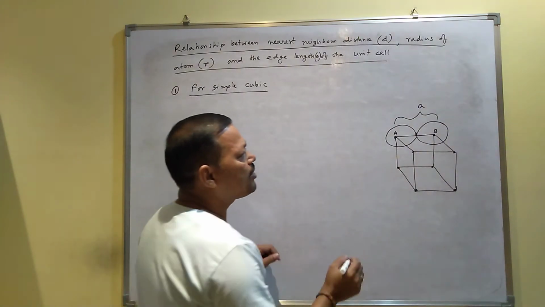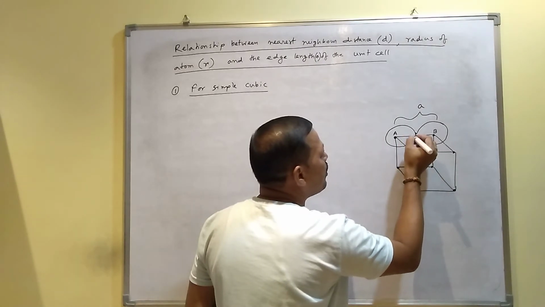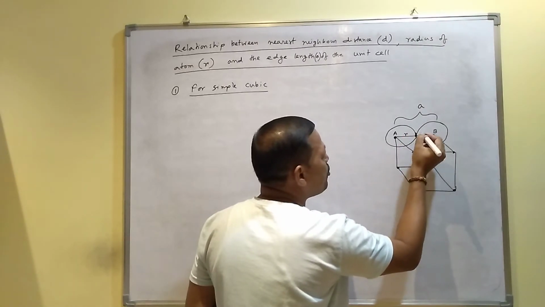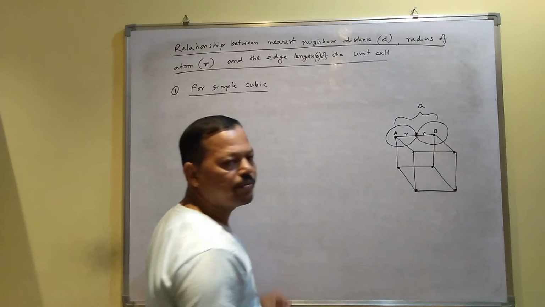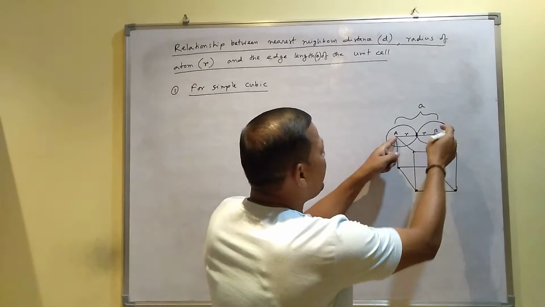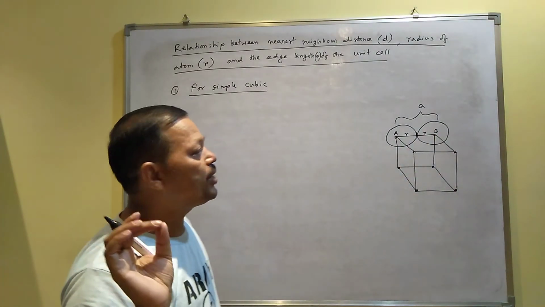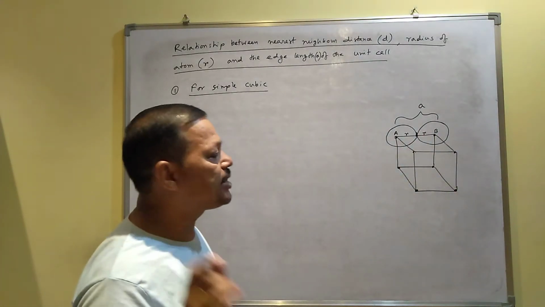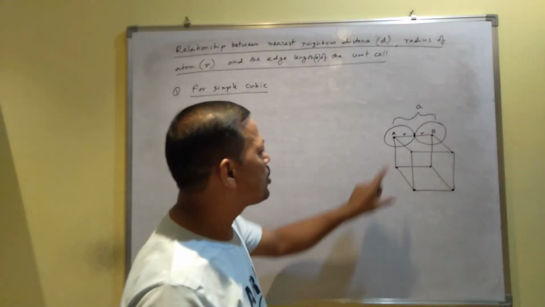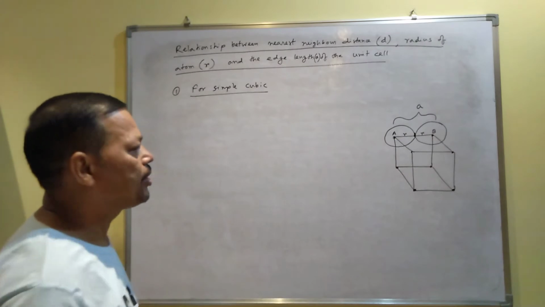And since the particles are spherical, from this center to this point is called the radius of the atom. Since it is cubic, this edge length, this edge length, this edge length are all the same, because a cube has a equal b equal c. I mean all the edge lengths should be the same.